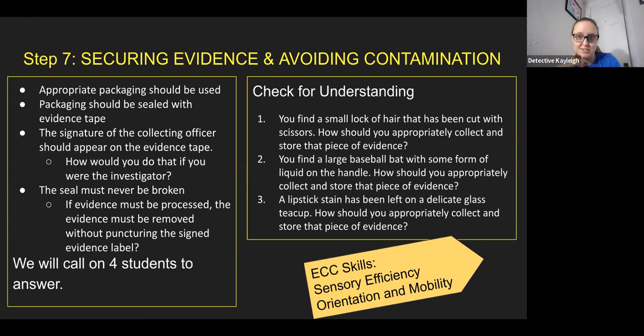Step 7 is securing the evidence and avoiding contamination. That means that we want to wear our protective clothing and gloves and shoe covers and appropriate footwear so that when we handle the evidence, we are avoiding contamination.